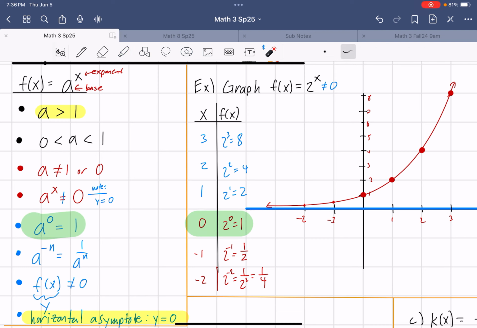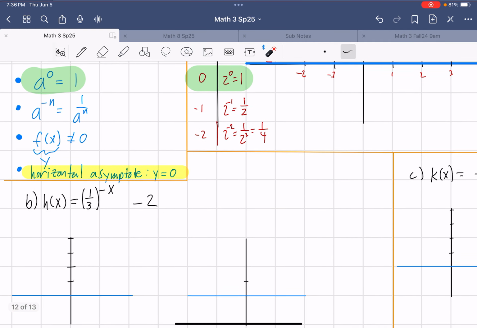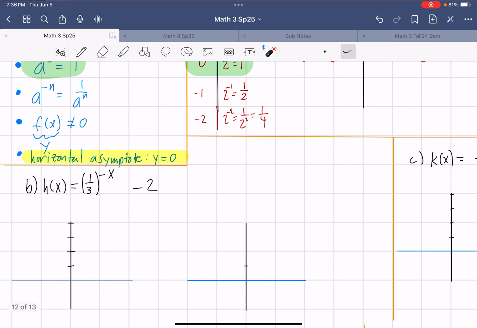Regardless of what this base is, it can be a 2, it can be a 1/2, it can be 7, the moment you put it to the power of 0, it's going to be equal to 1. So this point, 0, 1, is really important because it's sort of a point where all your exponential functions, at least parent functions, are going to intersect each other. So let's do a couple examples so we can see that.